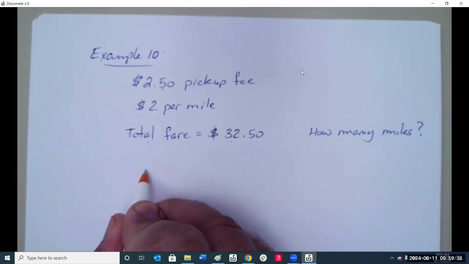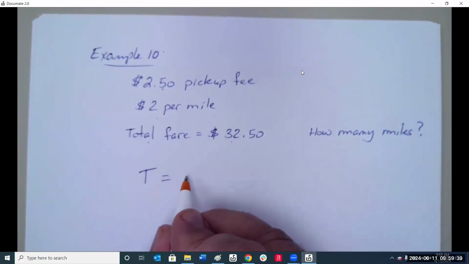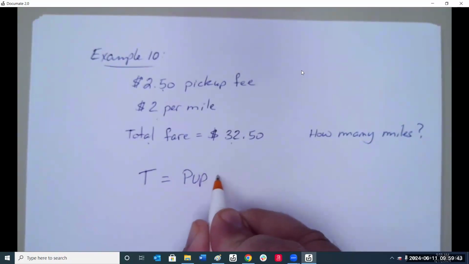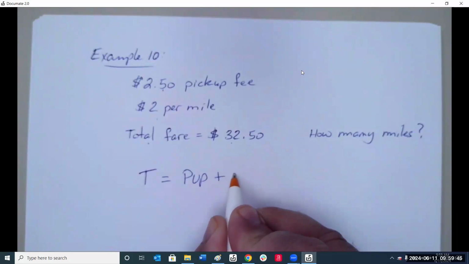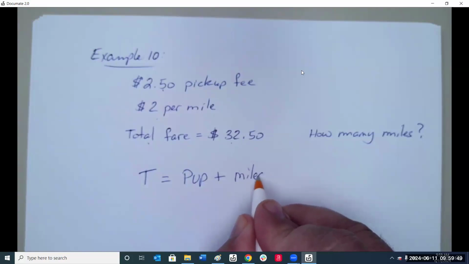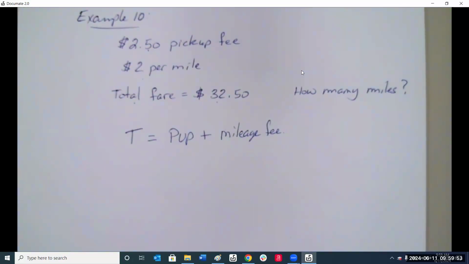Well, the total fare is made up of what? Pickup plus mileage fee. This is an equation.